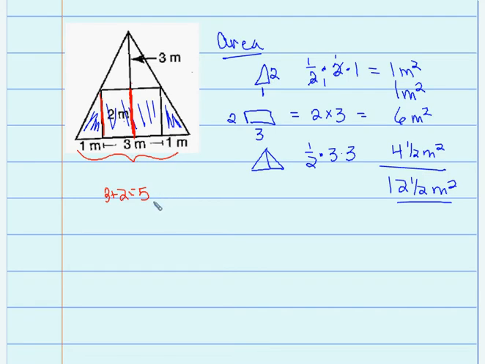So it'd be 1/2 the base, 5, times the height, 5, which is 1/2 of 25, which is 12.5 meters squared. Okay, so there might be multiple ways that you could do this problem in order to get the same answer. So just use some critical thinking and you'll get there.